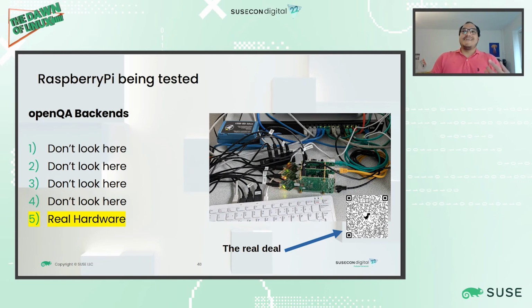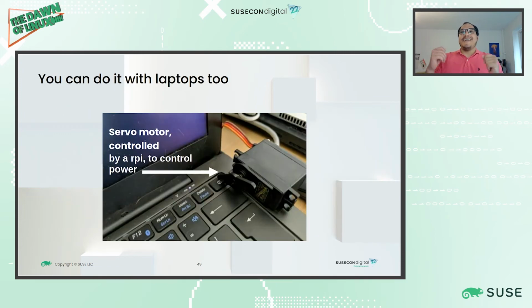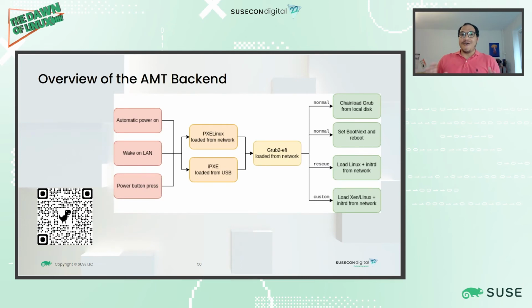I want to tell you that our friends from QubesOS are doing that with a laptop as well. They put a servo motor on a Raspberry Pi and are controlling it. There is a power switch being activated, and this is all being controlled via openQA.